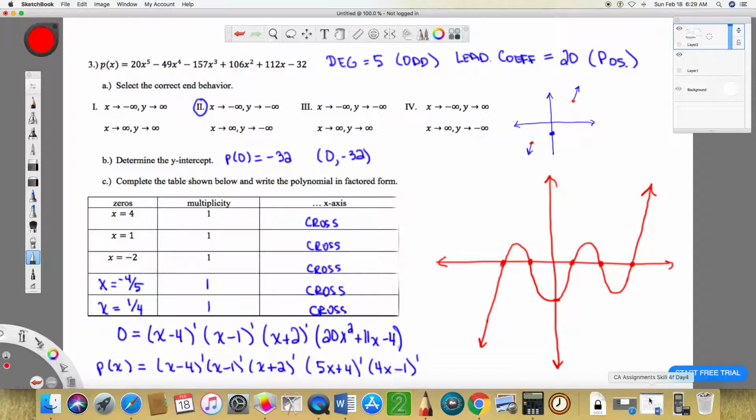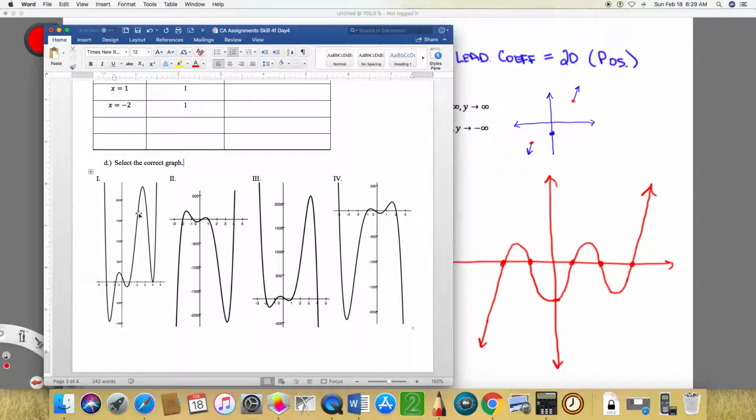I think I have this pulled up. Yeah, all right. So number 1's not it because the end behavior is up and up, and ours is down and up. This guy in number 2, it could be it because we have a down and up, and 1, 2, 3, 4, we've got 5 x-intercepts. 2 of them are negative, 3 of them are positive.